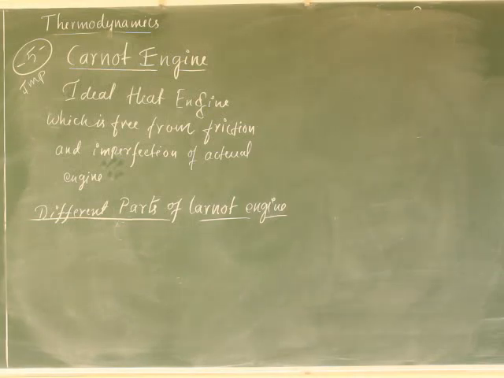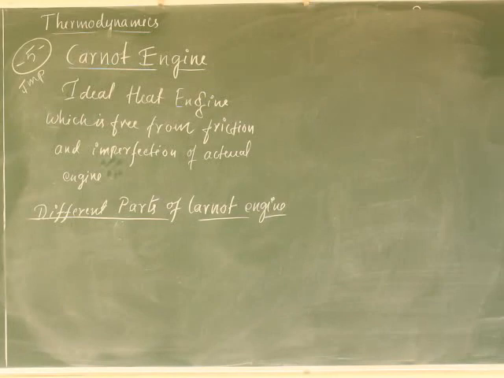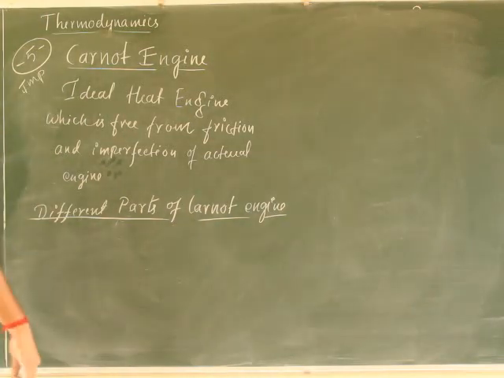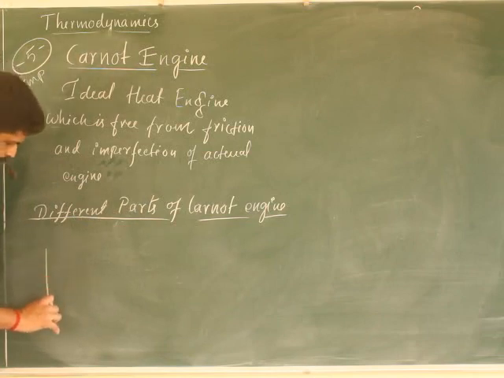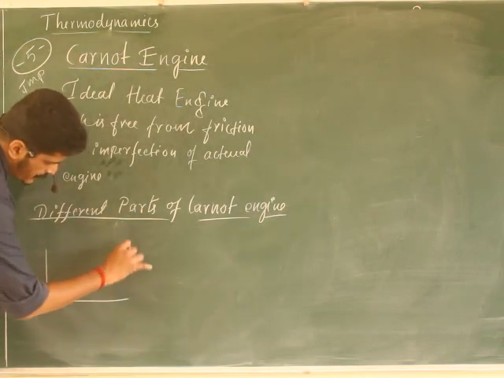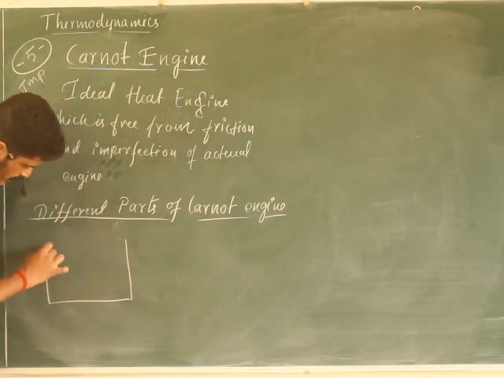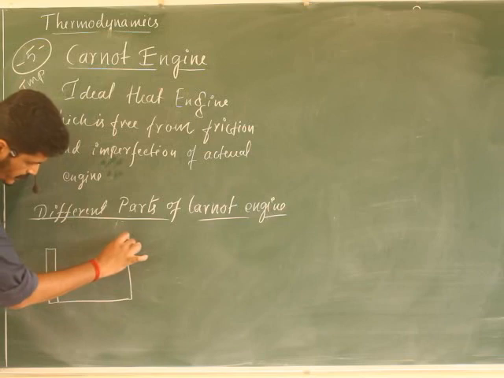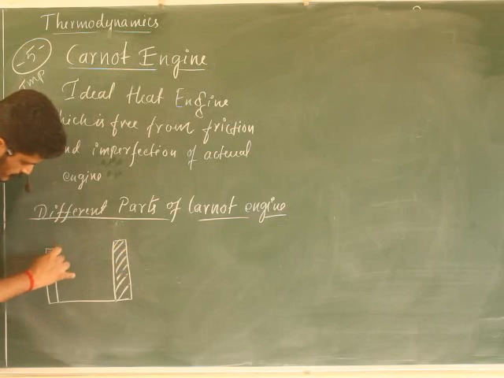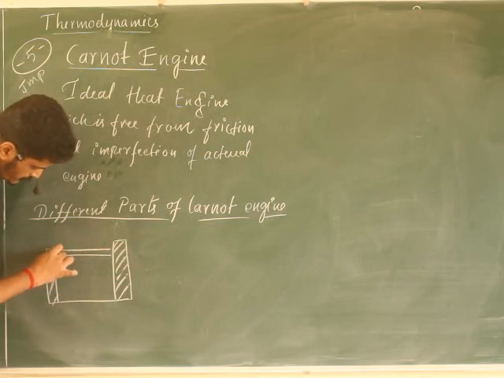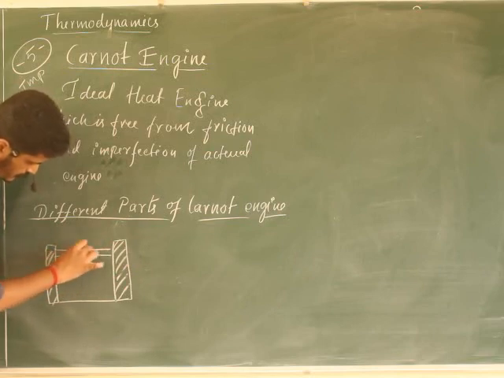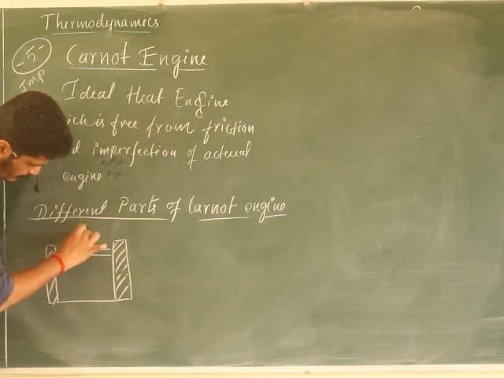Now let us see what are the different parts of Carnot engine. First one is the working substance. Already we know about it. We used to take it as an example for understanding thermodynamic processes, that is the container, correct? Which has a frictionless piston and is perfectly non-conducting.